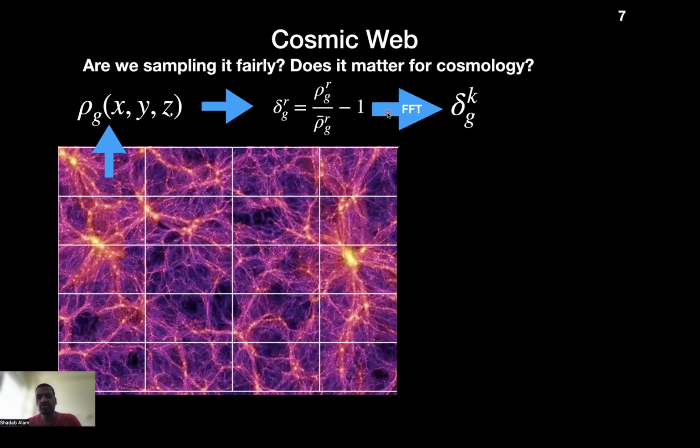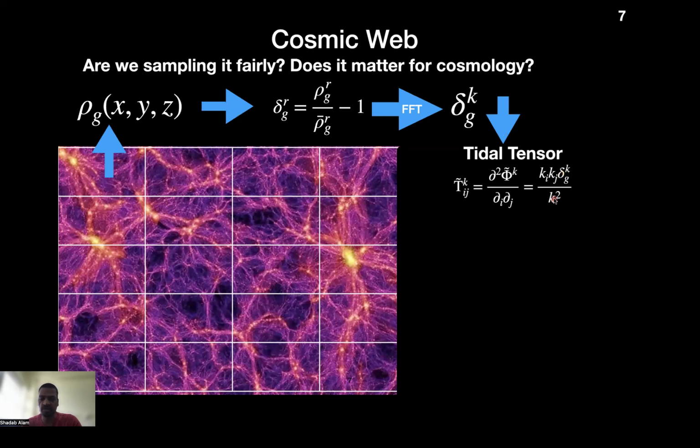And then you can do a Fourier transform and go into Fourier space of the density. So that's delta_g(k). That can be related to what we call the tidal tensor. Essentially, if you write the Poisson equation, you can show that the second derivative of the potential, which is important when you think about the tidal field, in Fourier space is basically just given by factors of k and the overdensity in Fourier space.